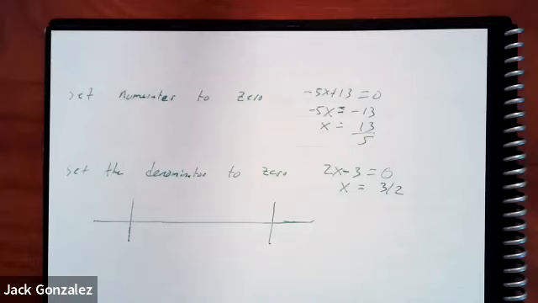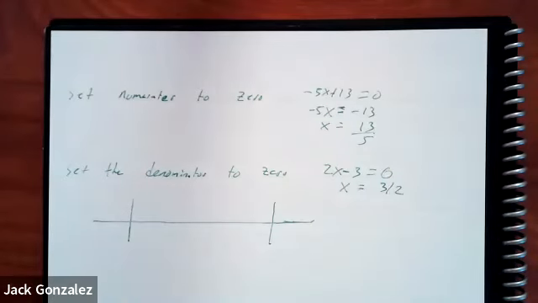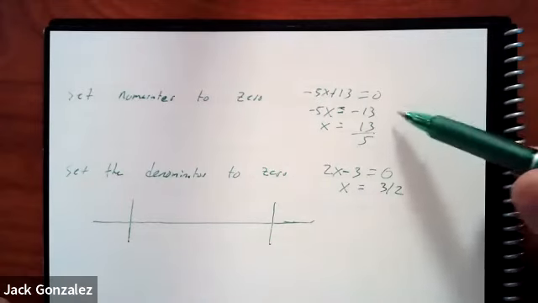Every 5 is 1, another 5 is 2, it's almost 3. 13/5 is like 2.6, and 3/2 is 1.5, so this one's bigger. Just think about how many whole numbers are in there. They were both positive, correct? Yes.